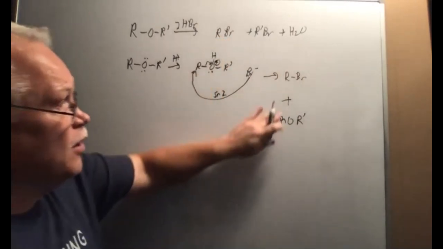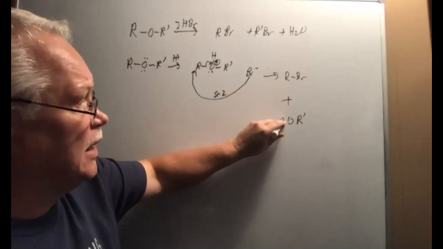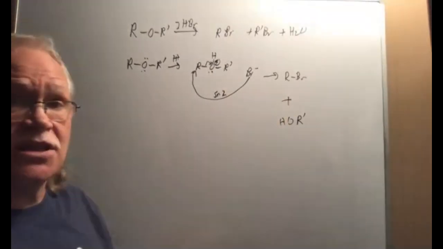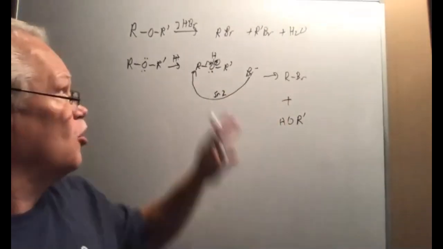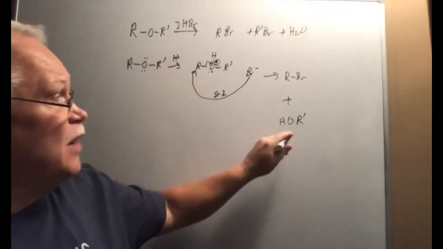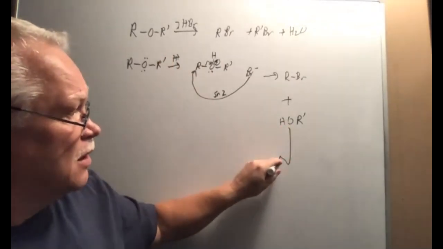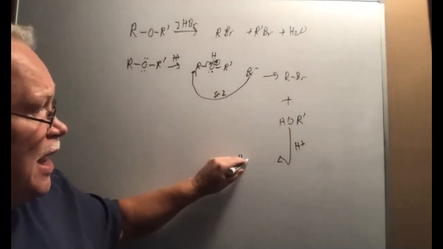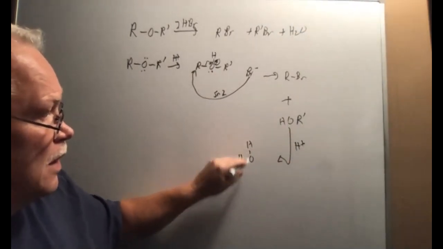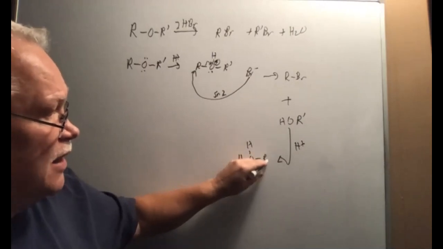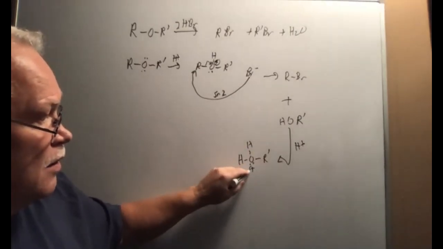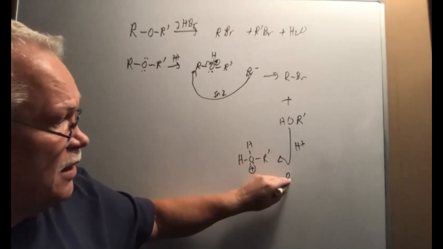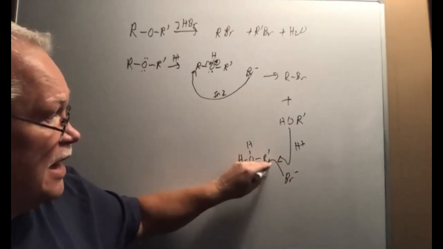And remember what the R's and R primes mean. The R prime just means it does not have to be the same R group as the other one. Then we're going to take this and protonate it again. And notice what we get. The same exact thing. And the bromine can come in, backside attack.